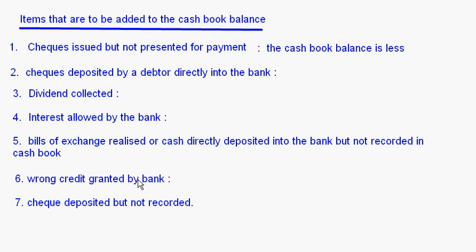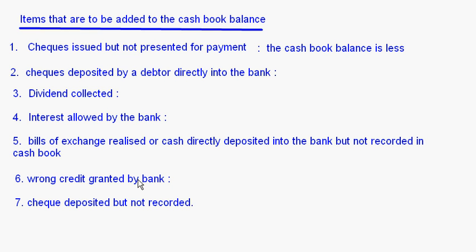But we do not know when the debtor deposited that check, and in the cash book we can make an entry only when we get the information about it. So till the time we do not get any information about the debtor depositing a check directly into the bank, the cash book balance will be less, right?